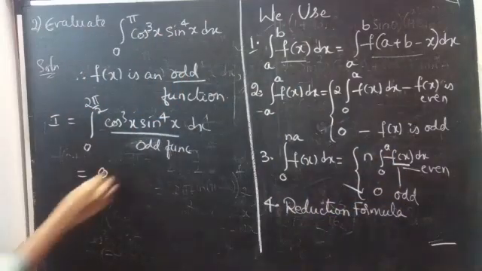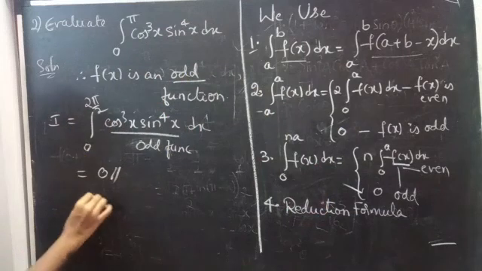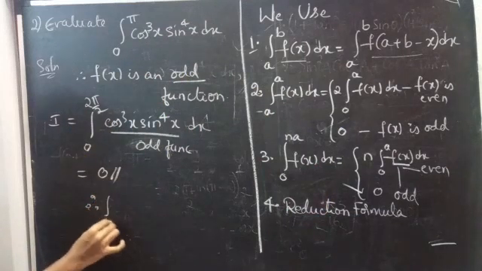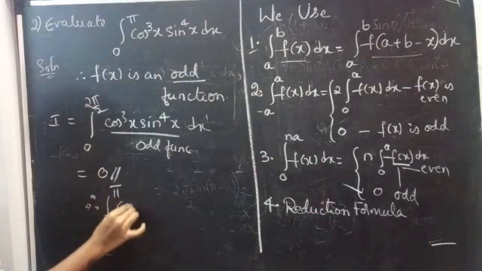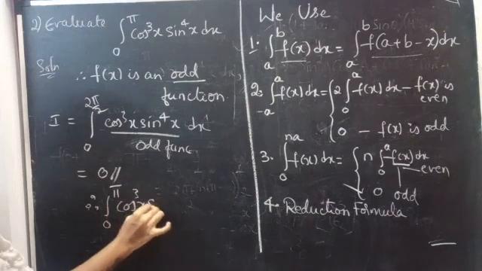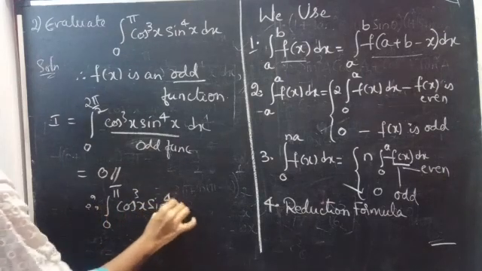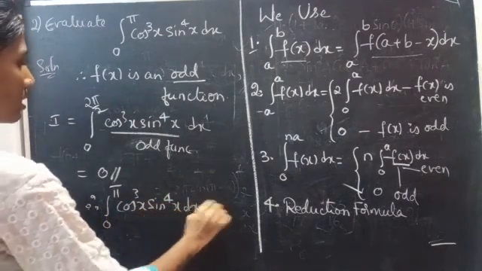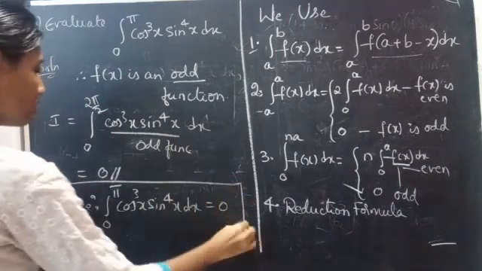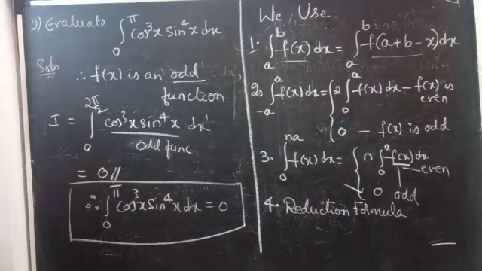So you got the answer 0. Therefore, the integral from 0 to pi of cos cube x into sine power 4x dx equals 0. So this completes the second problem.